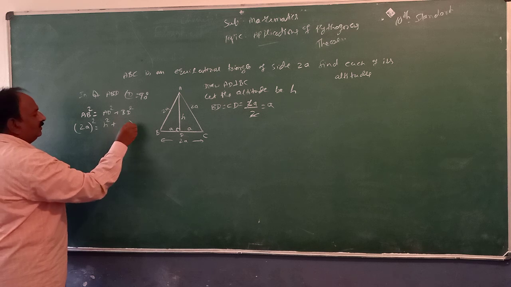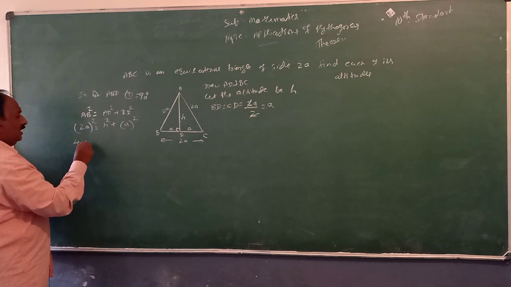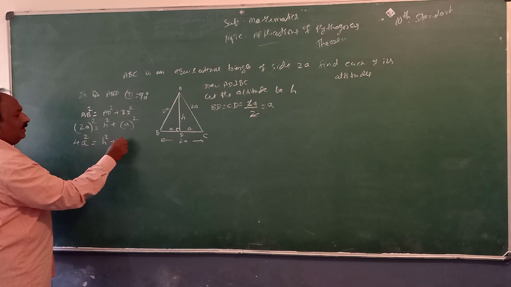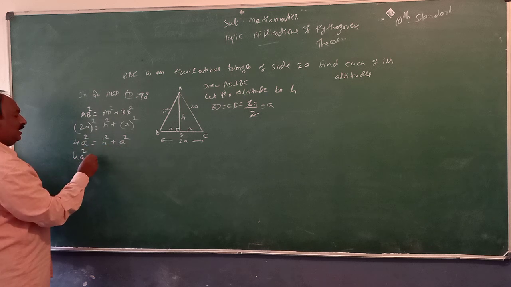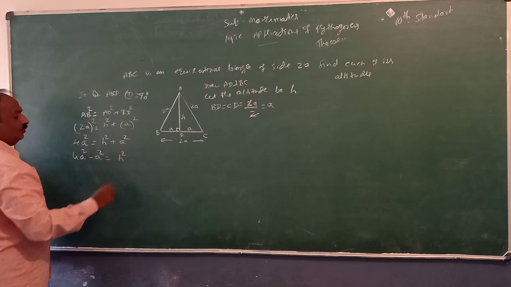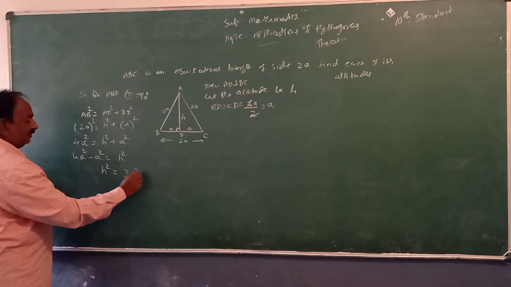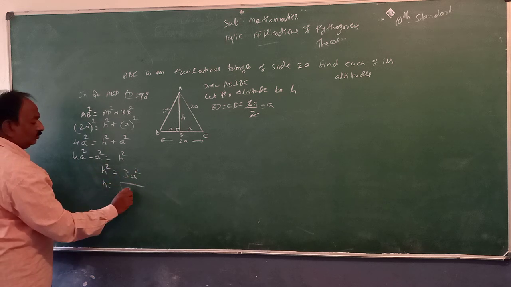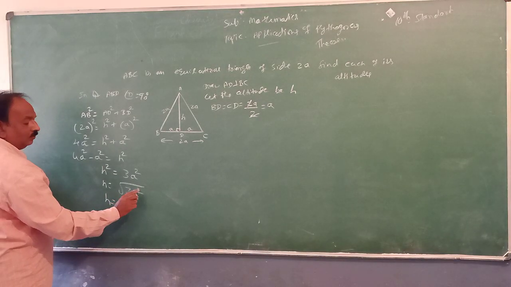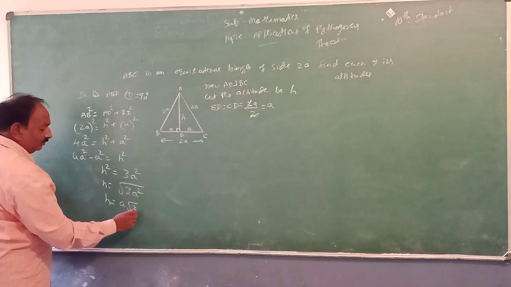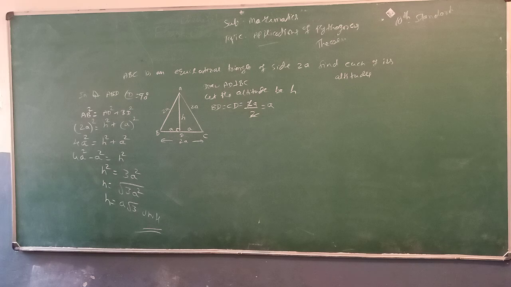BD, A whole square. 2 twos are 4A square, H square plus A square. 4A square plus, come to this side, minus A square is equal to H square. H squared is equal to 4A square minus 1A square, 3A square. H is equal to root of 3A square. H is equal to, what is A? Root of A square is A, that is equal to A root 3 units. The length of the altitude is A root 3 units.